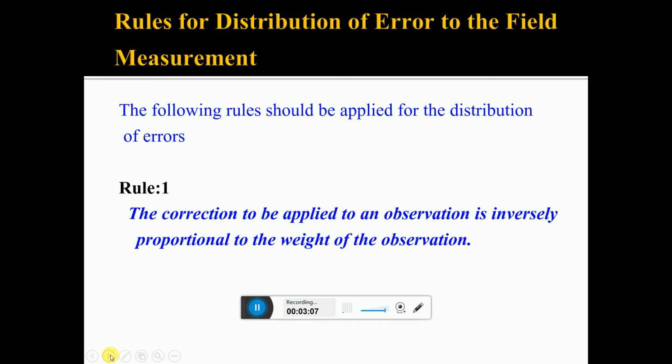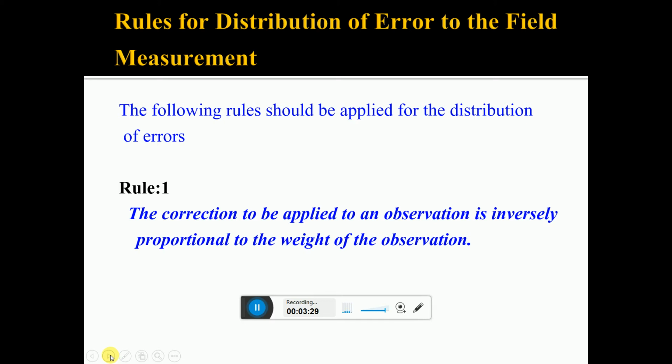Rule number 1: the correction to be applied to an observation is inversely proportional to the weight of the observation. There are two possible cases: the observations may be of equal weight, or they may be weighted observations having unequal weight.